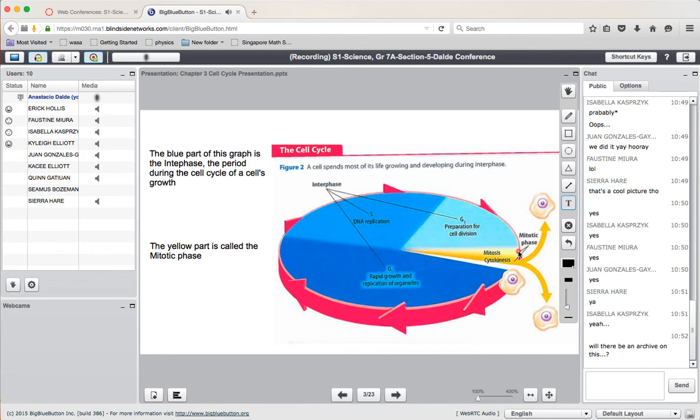This yellow part is much shorter, and it contains two different parts called mitosis and cytokinesis. It's basically where the cell breaks apart and duplicates into two different cells. So then after that, you no longer have just this one cell. What happens is this thing breaks down into two cells.